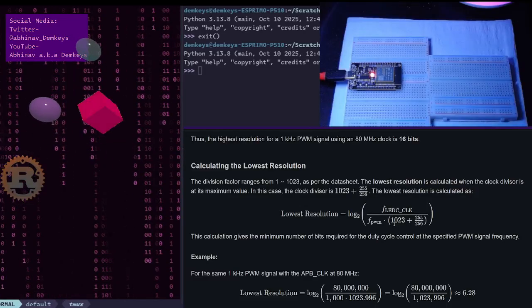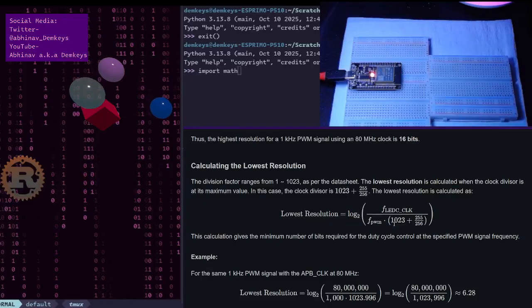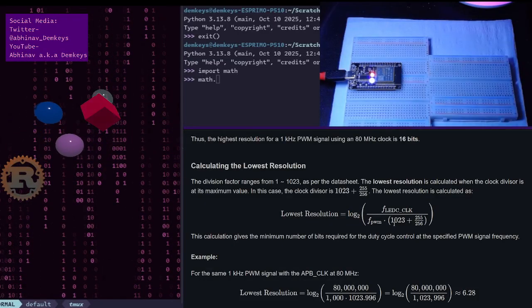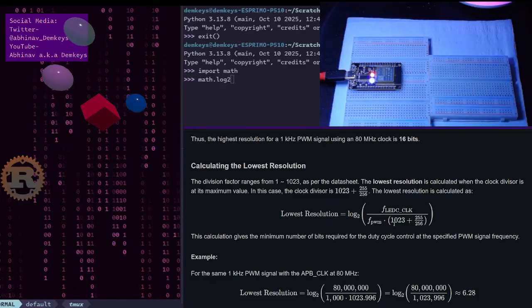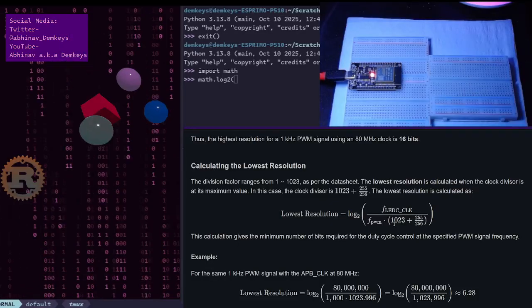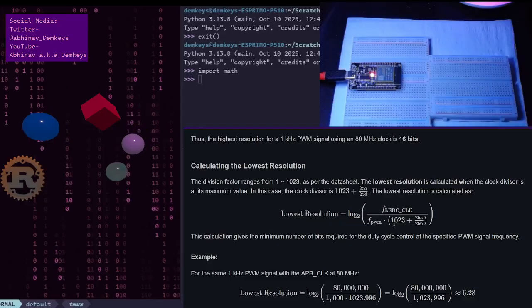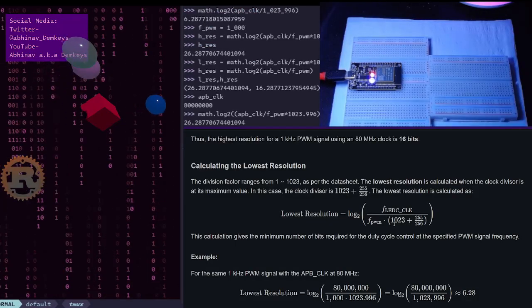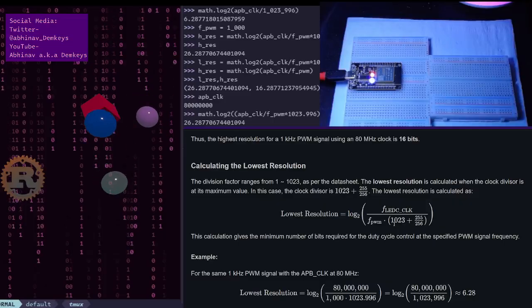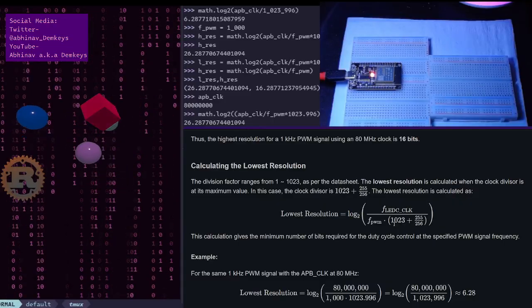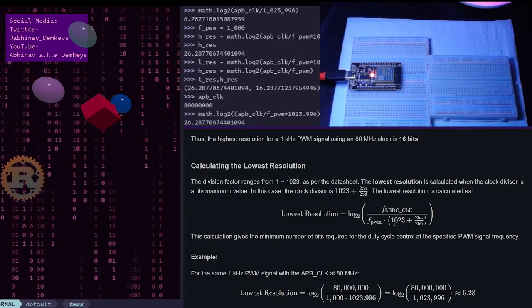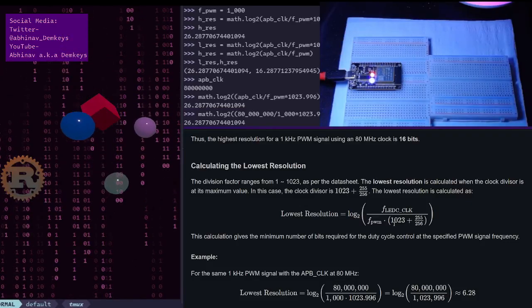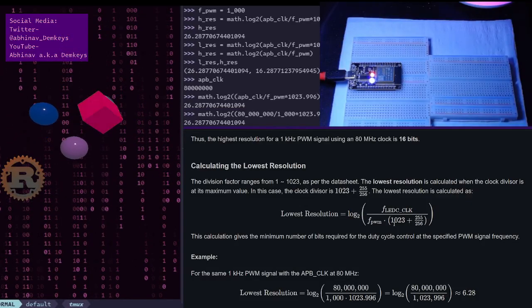Import math, math.log2. No, wait. Okay, and then let's do this, 80 million, still saying 26. Okay, still saying 26.